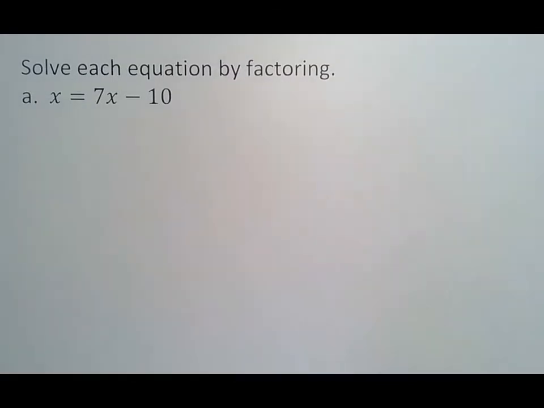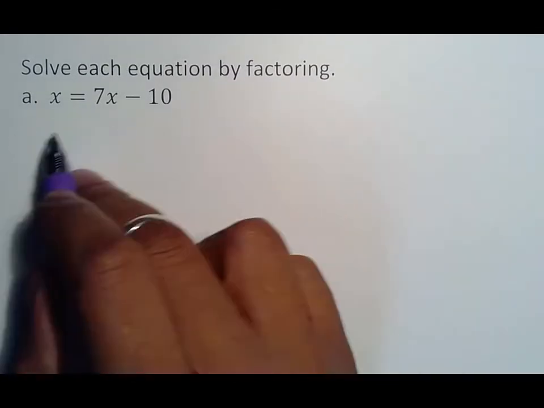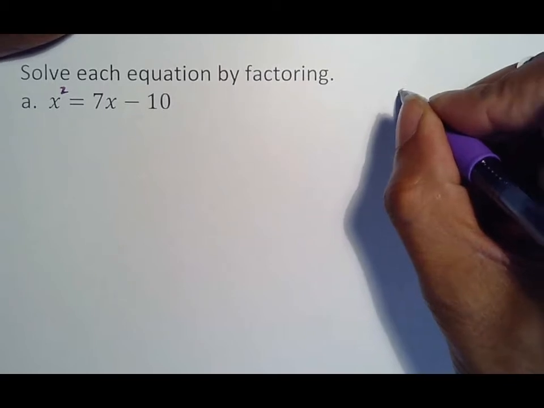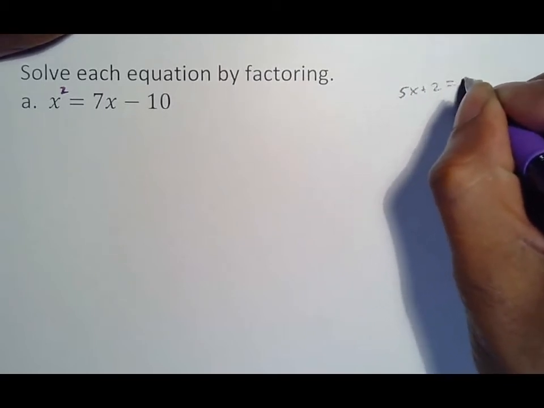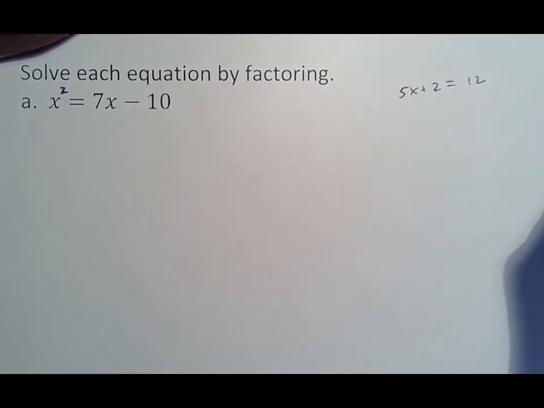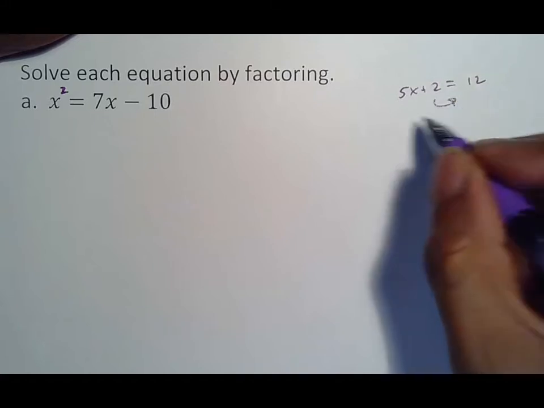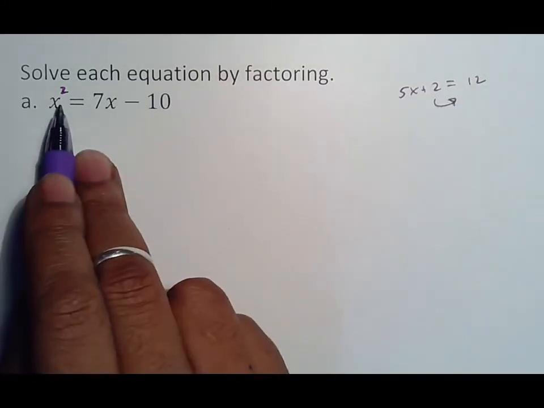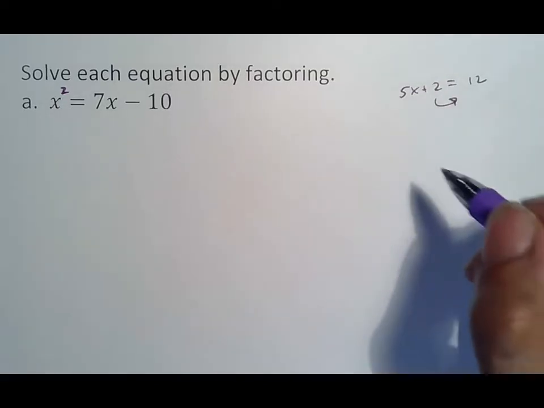So if we were asked to solve this, the way I discussed, this should be x squared, by the way, equals 7x minus 10. When you solve something like 5x plus 2 equals, let's say, 12, our job is to send everything away from x and find our answer. The thing about it when you have an x squared is I like to think about it like an elephant on a boat.